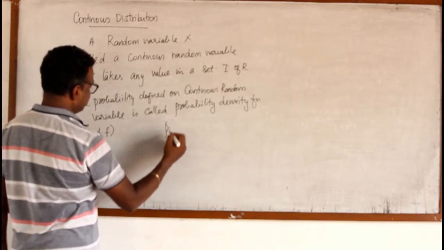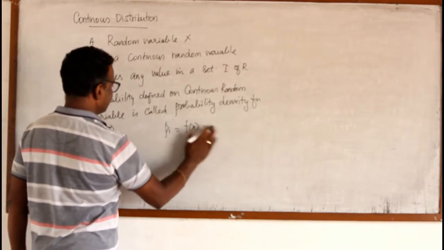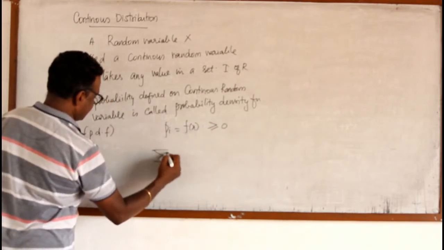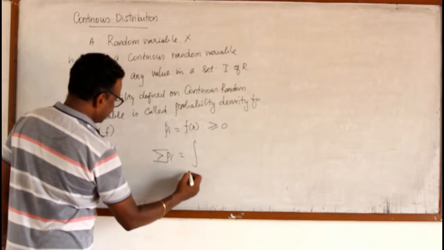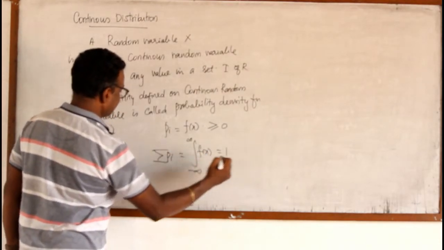Here also the probability p_i is defined as f of x is always greater than or equal to 0, and sigma p_i, instead integration from minus infinity to plus infinity of f of x dx, is equal to 1.